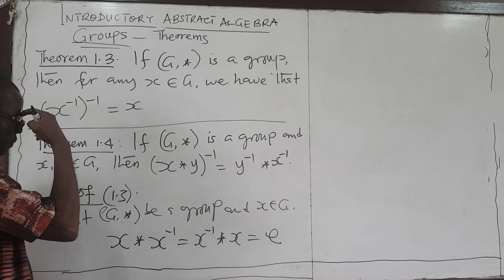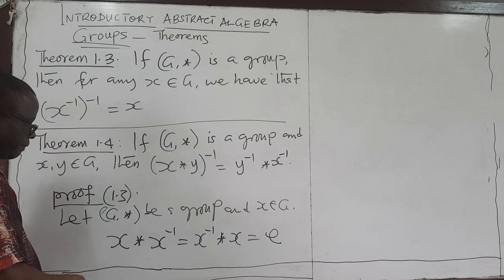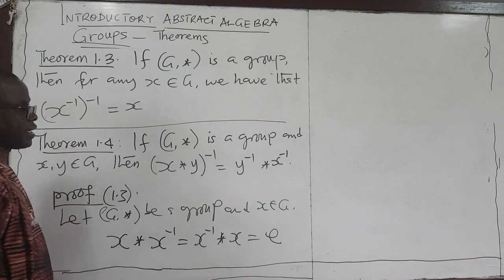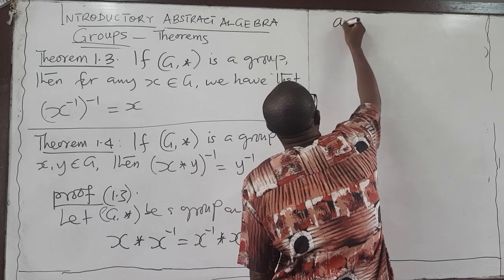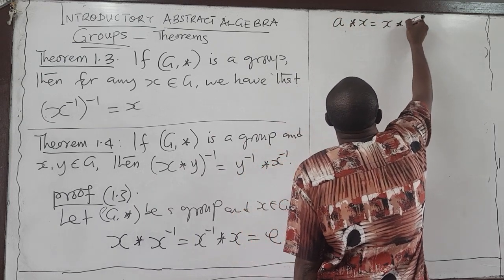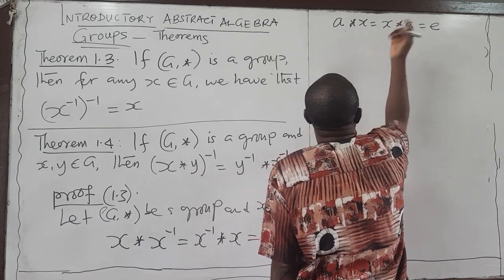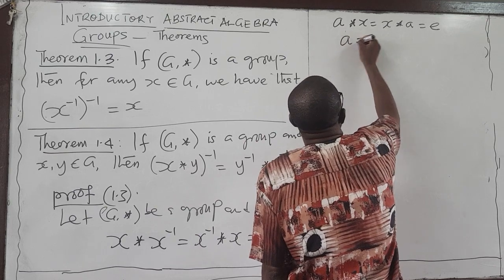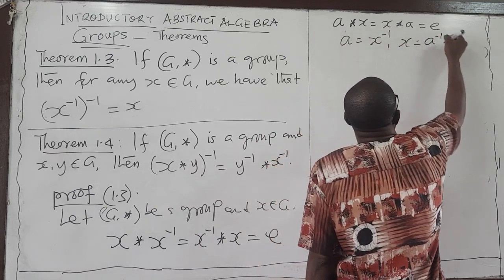Now we want to show that the inverse of the inverse is equal to x. The easiest thing is, note first of all that if a is the inverse of x, and I write a x is equal to x a, and I get the identity back, what it means is that one is the inverse of the other, right? I can write a as that, or x is a inverse.